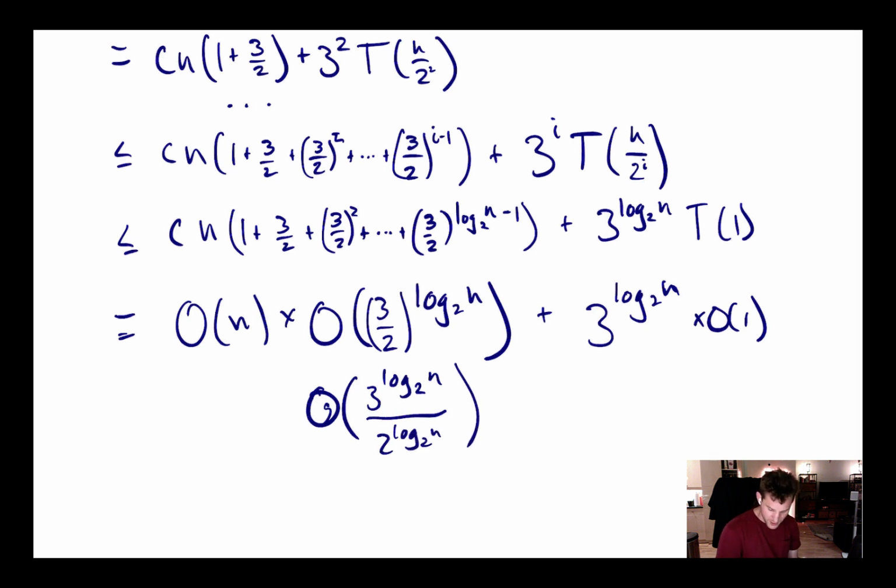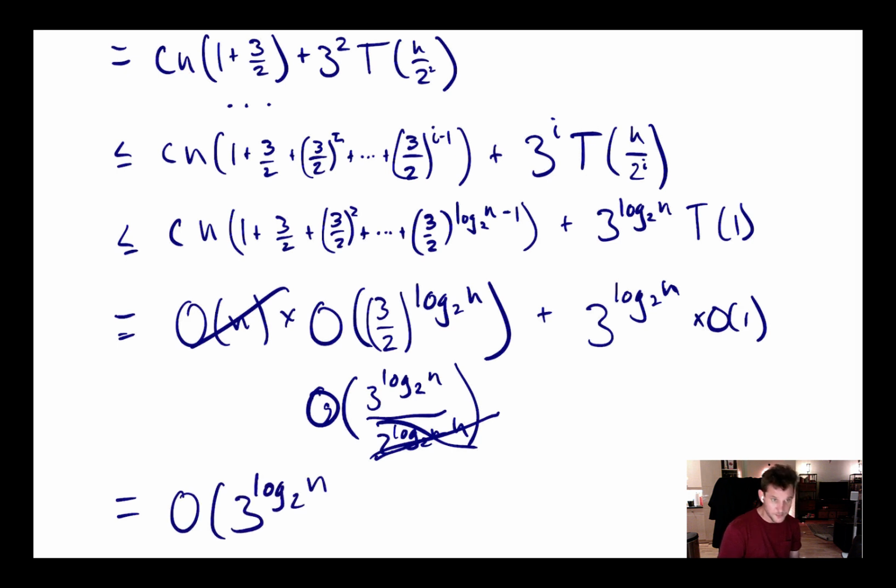But 2 to the log base 2 of n, of course, is just n, but it actually gets canceled with this. With this, I have an n up here, and I have an n down here, and I can cancel those. So this is going to cancel with this whole term right here, and I don't end up with that term. So what I'm left with is two terms that are actually the same. This whole thing is equal to O(3 to the log base 2 of n).